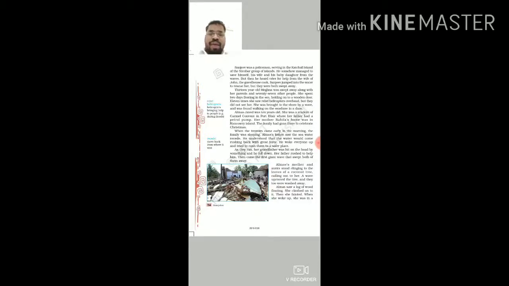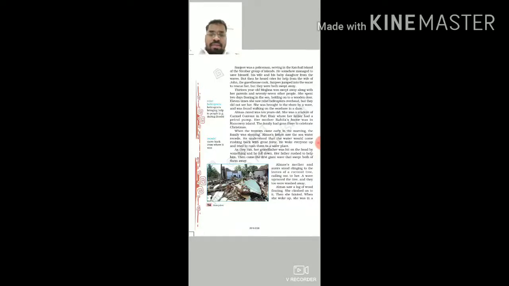Clinging means hanging. Somehow they took the support of those coconut leaves. A wave uprooted the tree. What unfortunate accidents. The tree where they were clinging was uprooted by the waves and they too were washed away. Who were washed away? Alma's mother and aunt.